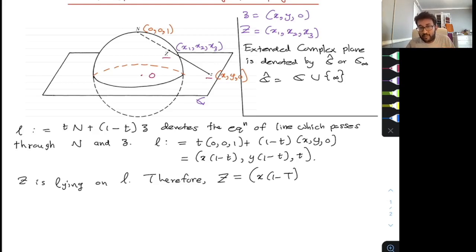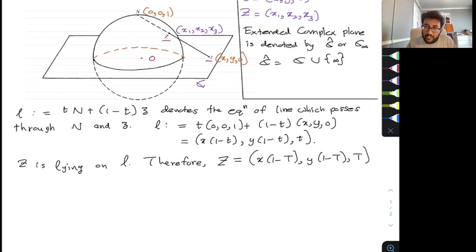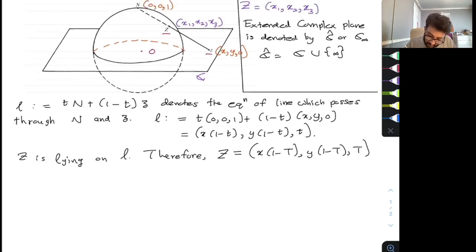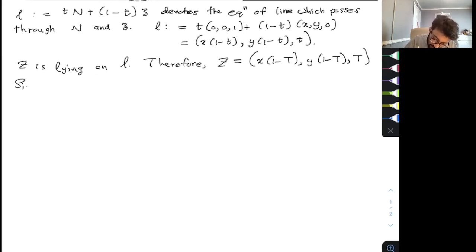I will take that parameter value as capital T. And also I know another fact about capital Z, that is capital Z is lying on this sphere. Therefore it satisfies the equation of a sphere. Then I am going to use that fact.